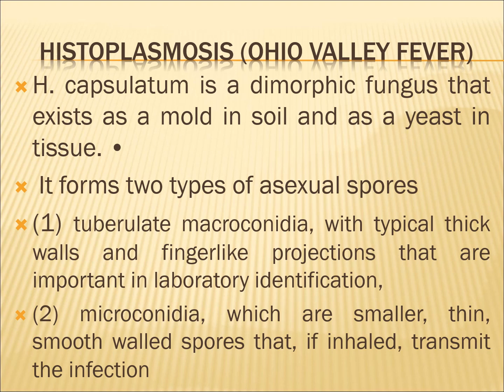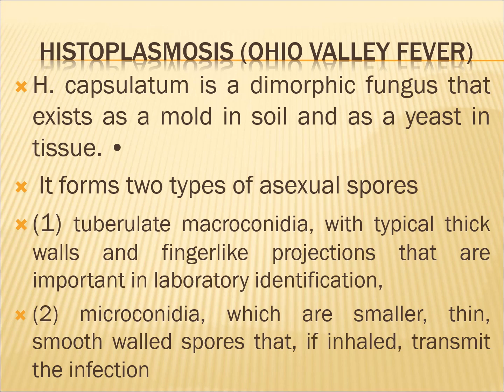The second type, microconidia, are smaller, thin, smooth-walled spores, and they are responsible for initiation of infection. So this is the contagious stage, acquired by inhalation from soil, which initiates histoplasmosis infection.